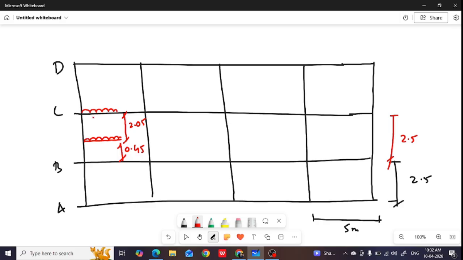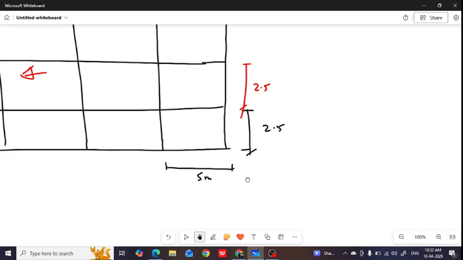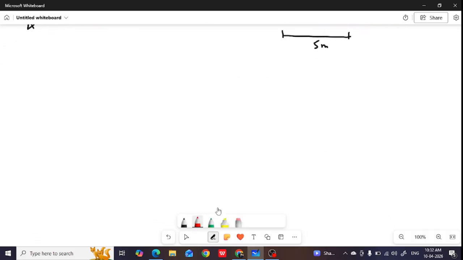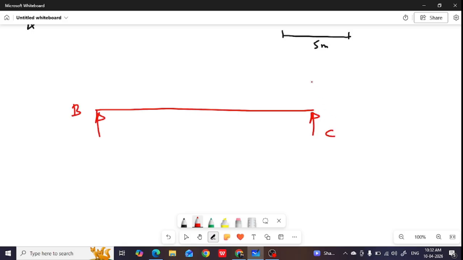The contact length is 3.6 meter. Okay. So we will see the cross section. When you see the cross section, here you have girder B and here you have girder C. On girder C, we have put one track, that is 350 kilonewton.